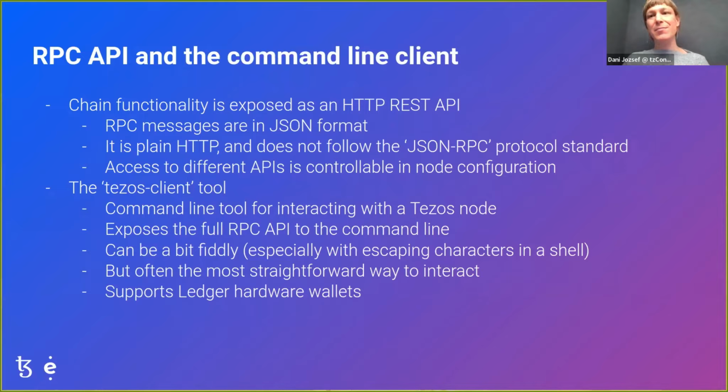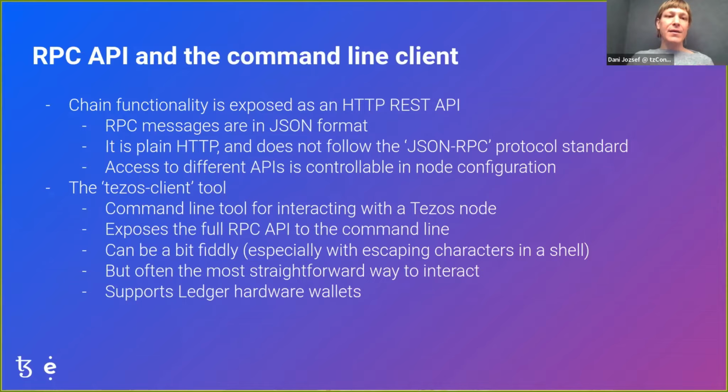It is plain HTTP with HTTP URLs that you can call with a JSON parameter and you get something back. There is the ability that when you're setting up a node to configure what parts of the API will be accessible on that node, and you can restrict access to certain parts by IP address and other filtering.